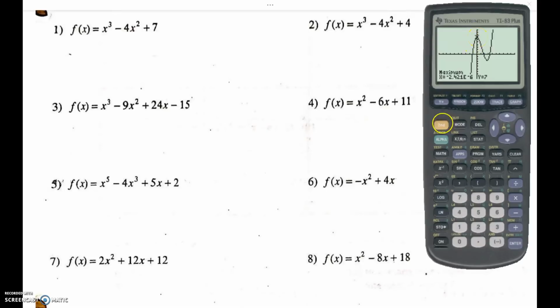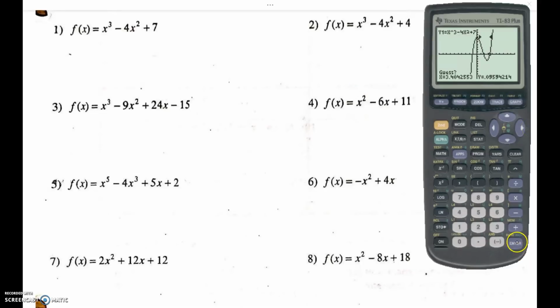And then in order to get what my relative minimum is here, I'm going to go back to calculate, so that's second trace, and I'm going to select minimum this time, number 3. All right, so I want my left bound, so make sure that I'm to the left of that, and I am right now, so I'll hit enter. And now my right bound, so I need to get on the other side. I need to get to the right of my relative minimum.